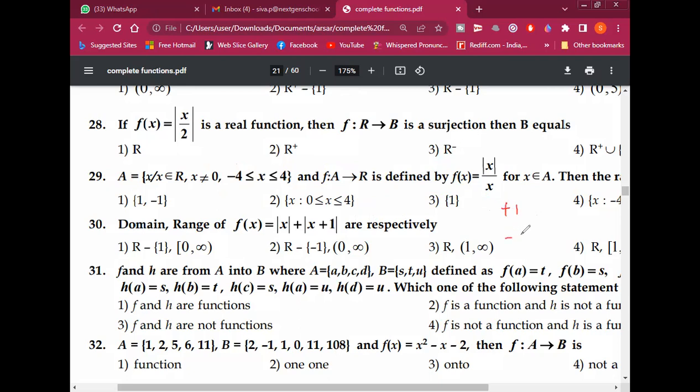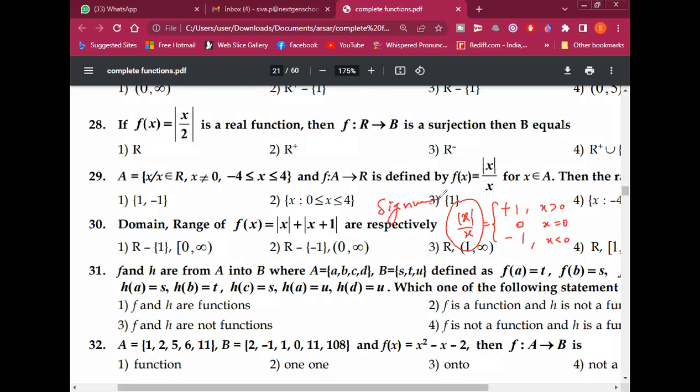If it was defined as +1, -1 and 0, then mod x by x gives +1 if x is positive, -1 if x is negative, and 0 if x equals 0. Such a case is called the signum function.